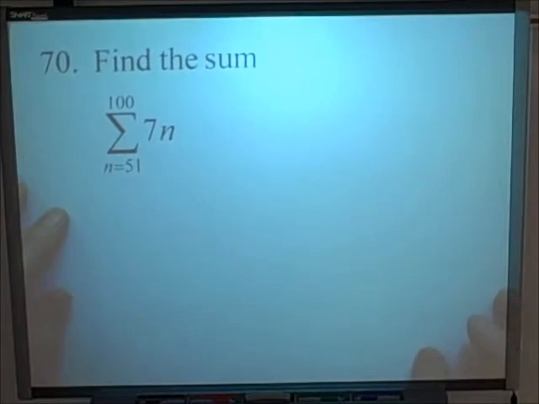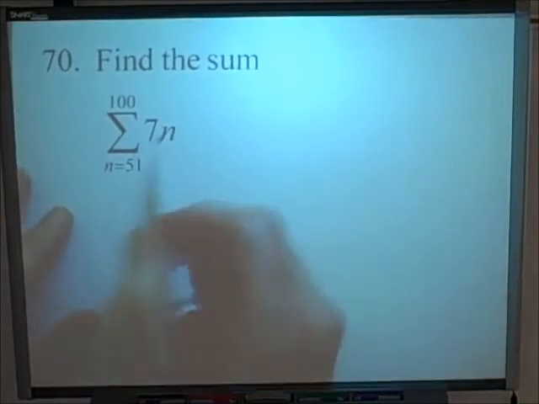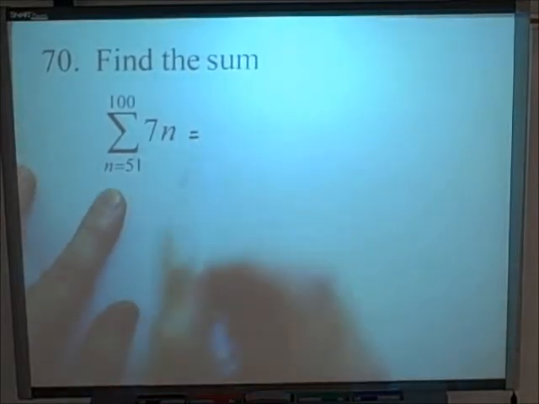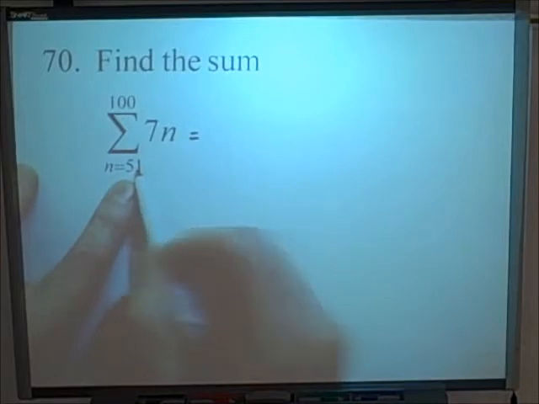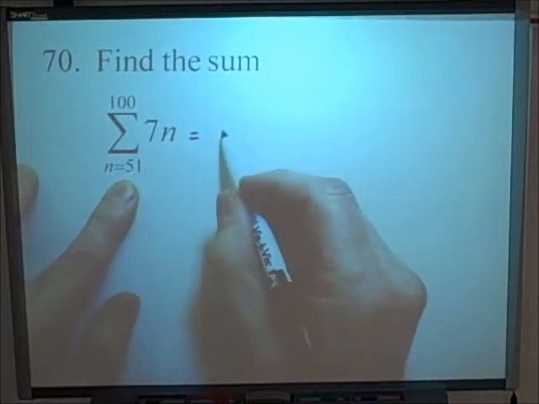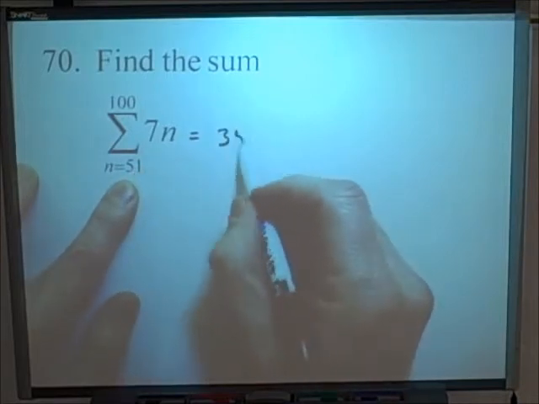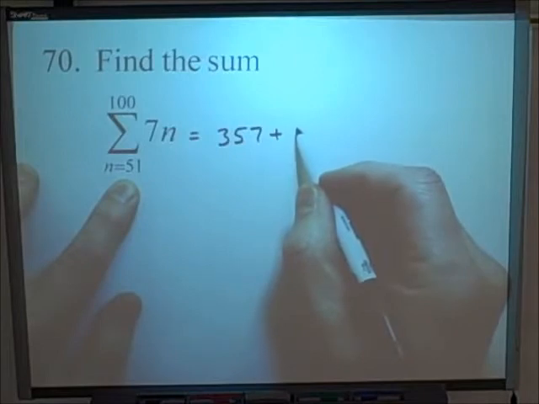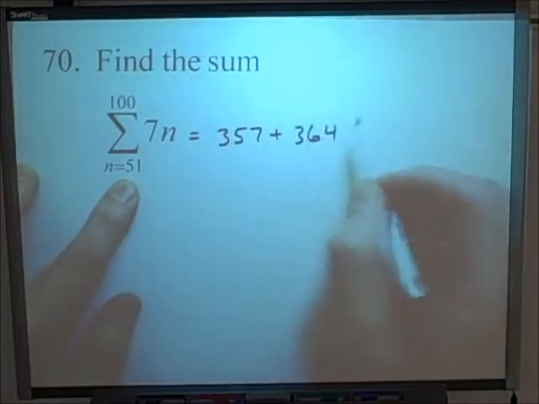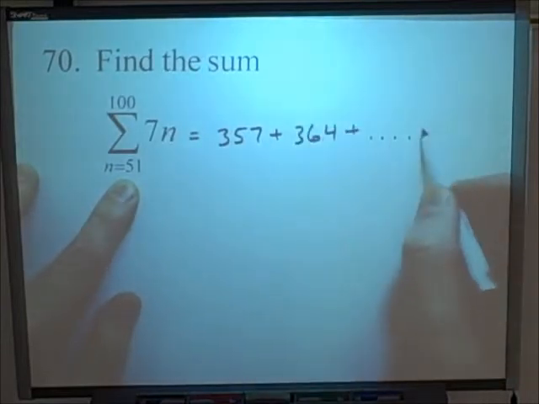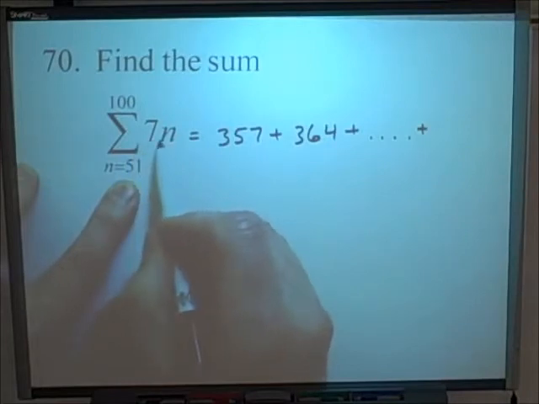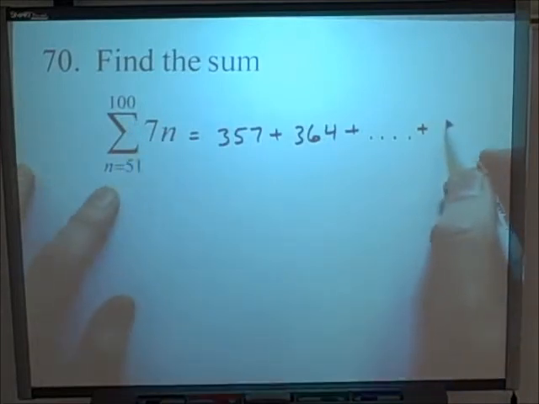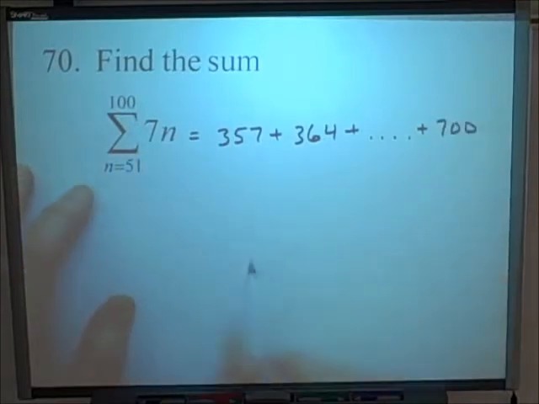And one last problem from this set, number 70. Find this sum. I'm going to start listing out some terms. My first term is 7 times 51. That is 357 plus 7 times 52. That's going to be 364 plus, until I get to my last term, conveniently, 7 times 100, 700.